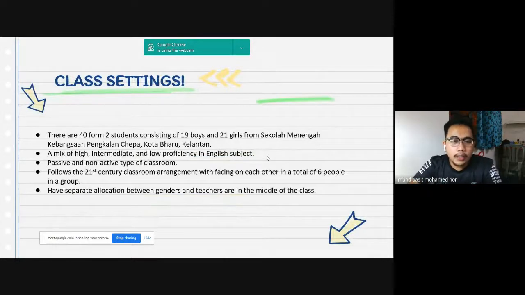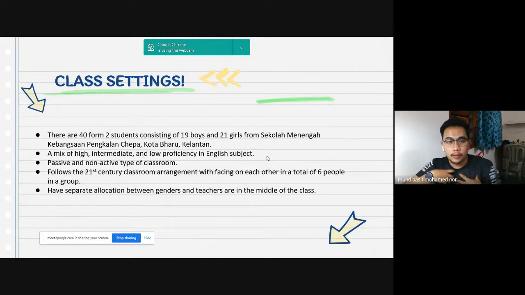Actually, in choosing my framework, I want to do a class for 40 Form 2 students consisting of 19 boys and 21 girls from Sekolah Menengah Kebahasaan, Pekalan Cepa, Kota Baru, Kelantan. Why I chose this school is that I live in Kelantan, and we have a kind of mindset.